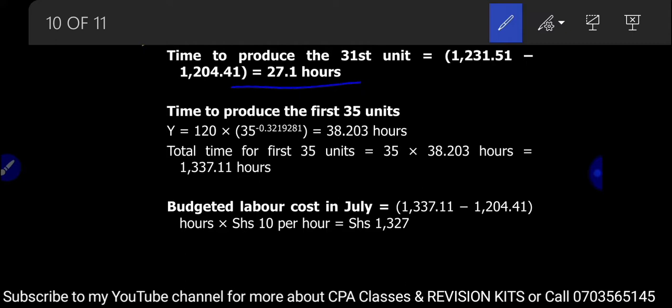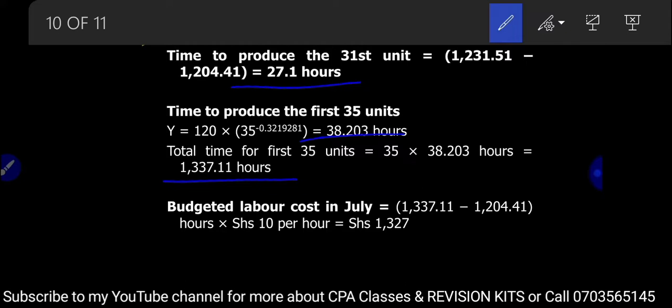So on average, to produce the 35 units, each unit takes 38.203 hours. So the total time for the first 35 units is 1,337.11 hours. That is the cumulative number of units, 35, times the cumulative average time per unit.